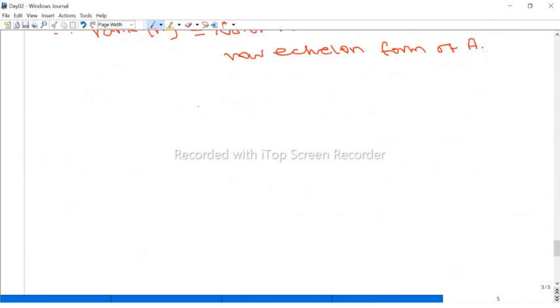Suppose we have a system of equations, Ax equal to b. Suppose A is an m by n matrix, so there are n unknowns and m equations.